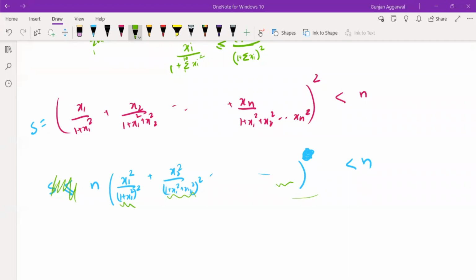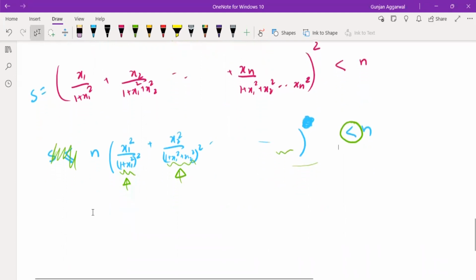Basically, if we decrease the denominators here, your LHS just increases. You have some freedom to slightly decrease the denominators here, since it's strictly less than n. We can maybe remove the squares.